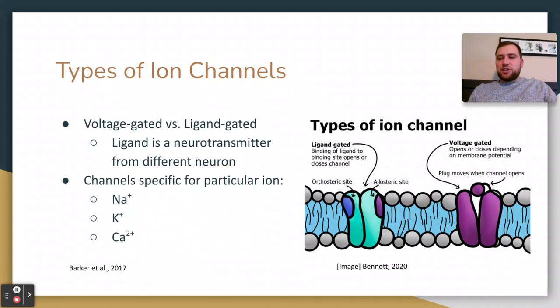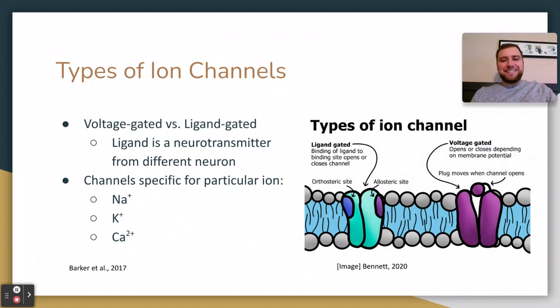Voltage gated ion channels will open or close depending on what's called the membrane potential. The membrane potential is just the difference in ion concentration or charge difference from the outside of the membrane to the inside of the membrane. When that difference is at a certain point, those ions will be allowed to pass through this channel. The channel will open.